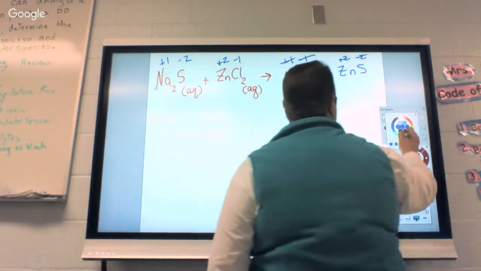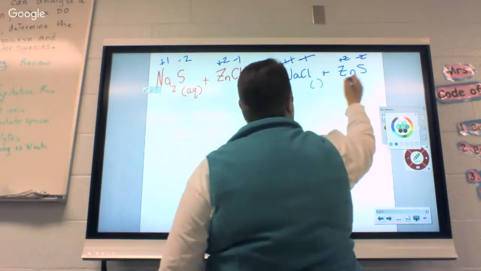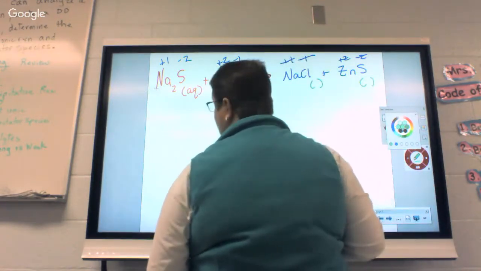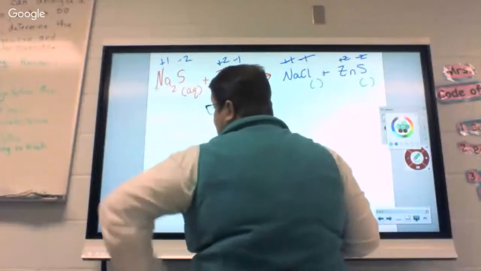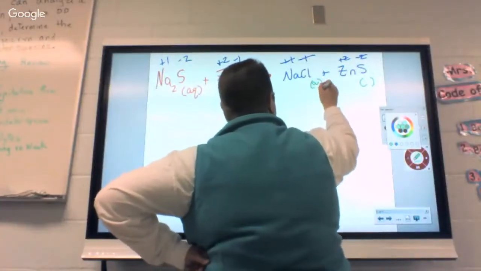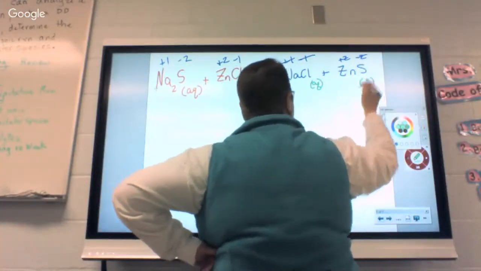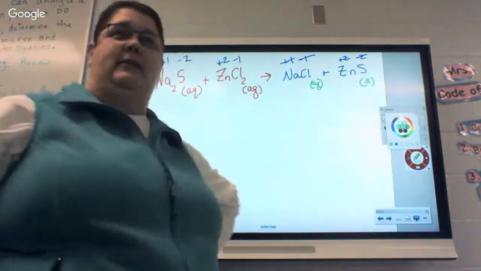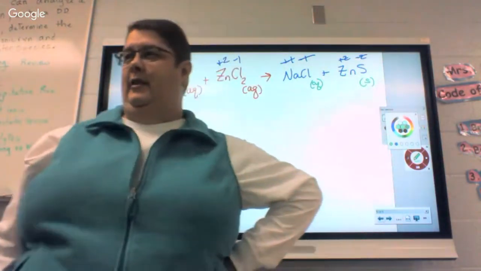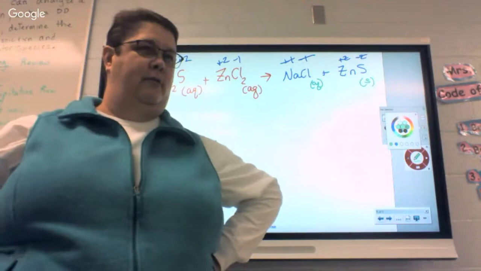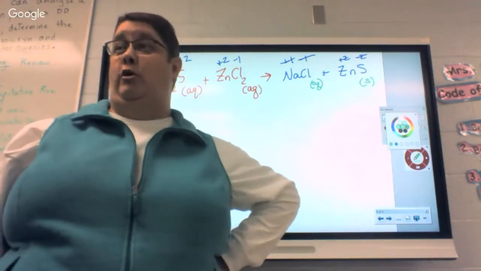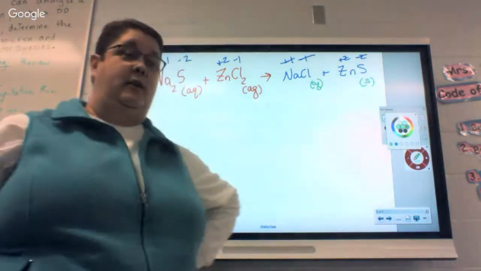Then we said we needed state. What state did we acquire for NaCl? Aqueous, and for ZnS, solid. Fabulous. Everybody good with that? Can we do the work step? All right, do the work step.